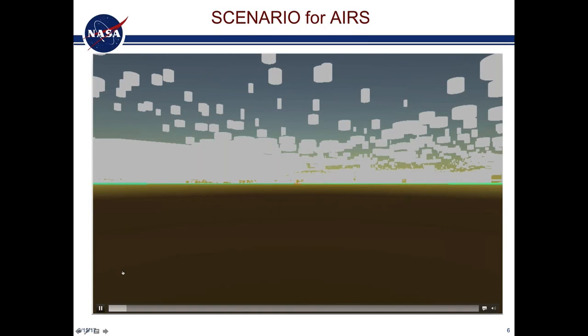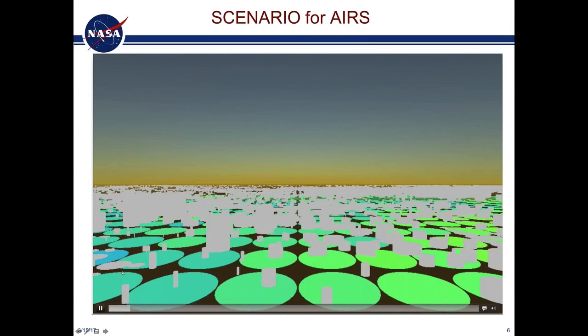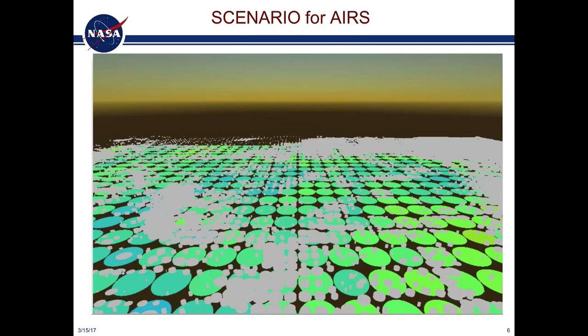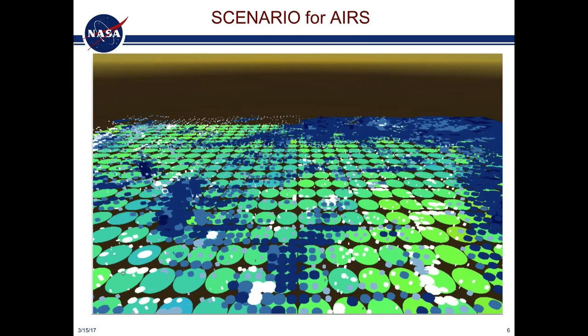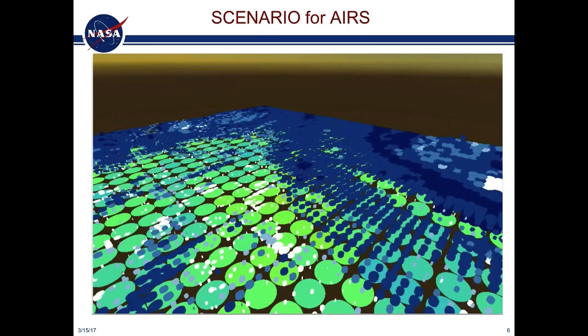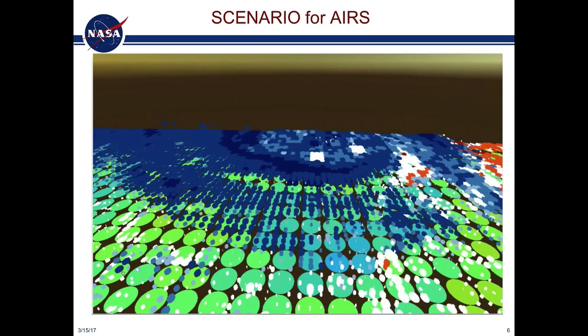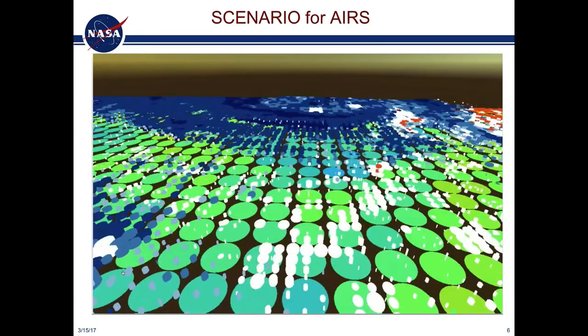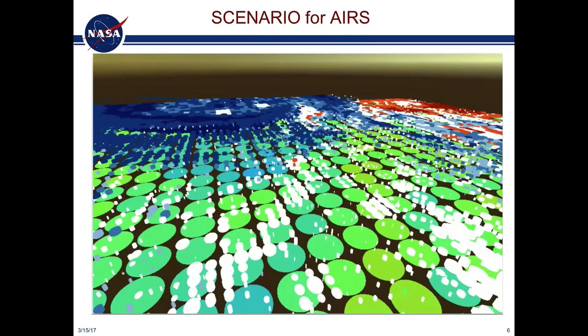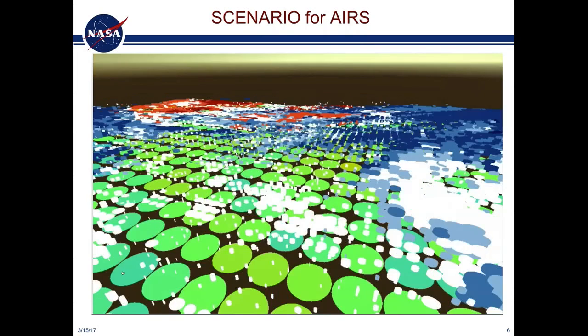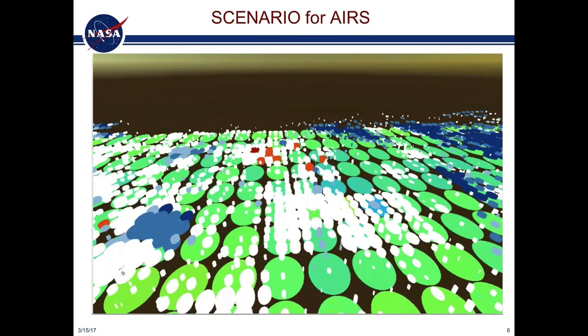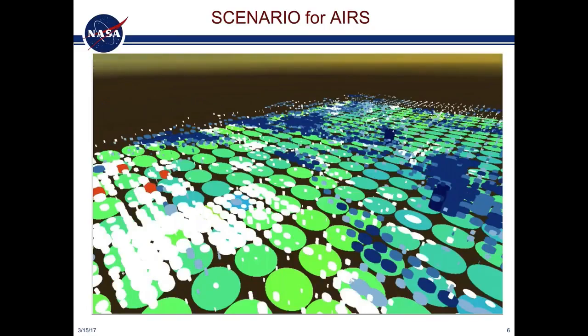So this one, if it's going to play, let me go back. Yeah, this is the web version of the Unity build with the AIRS data, and it shows different data sets from AIRS, and you can see that on one side of the data set the hurricane is forming.